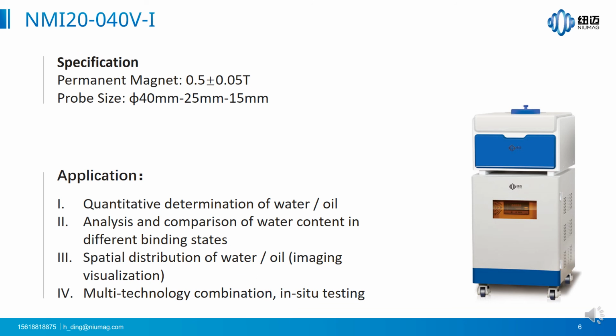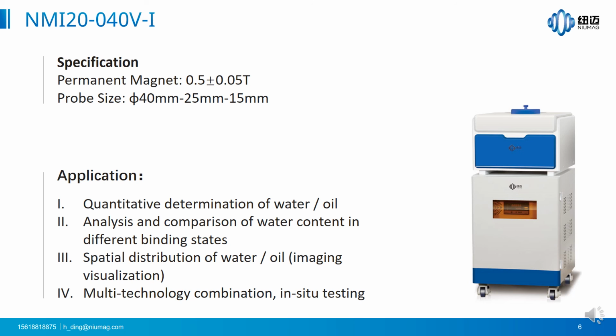So now let's take a look at this NMI 20 NMR. This is one of the food research NMR instruments from NIUMAG. The previous salmon flesh experiment about the freezing point and the denaturation point is a good explanation of it.